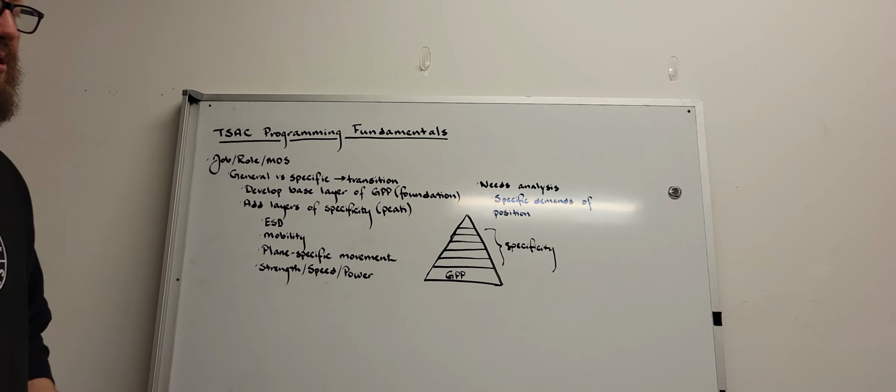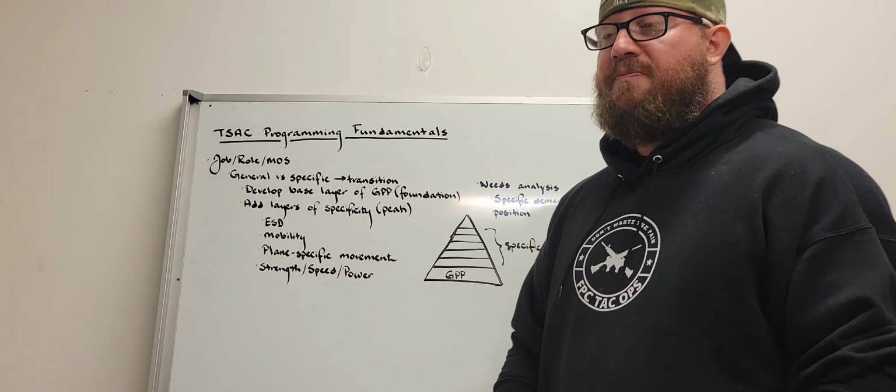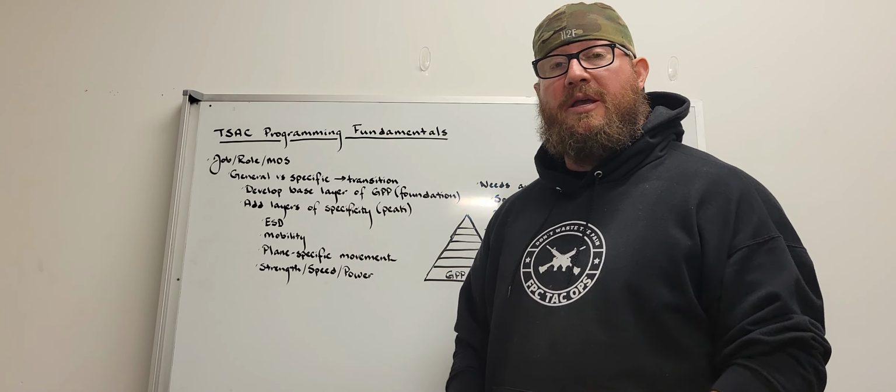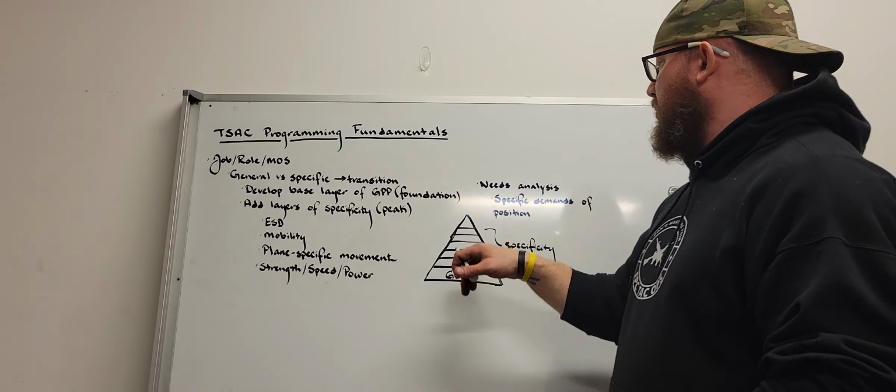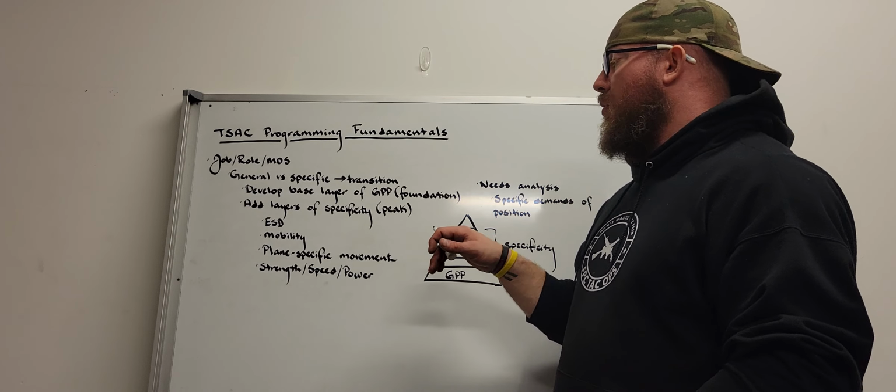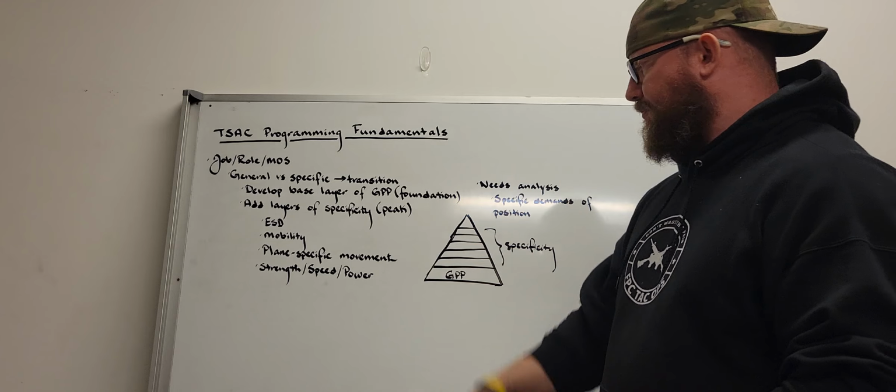as necessary. Some populations, maybe more advanced tactical populations, like Navy SEALs, Delta Force, Green Berets, or any special operators, might require multiple layers of specificity in order to be at their peak performance.